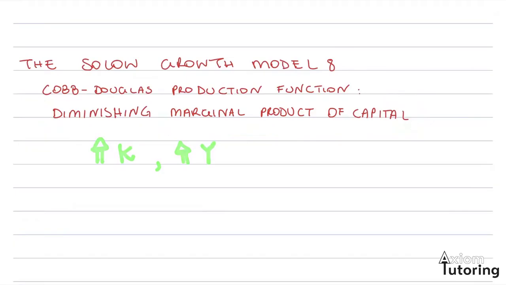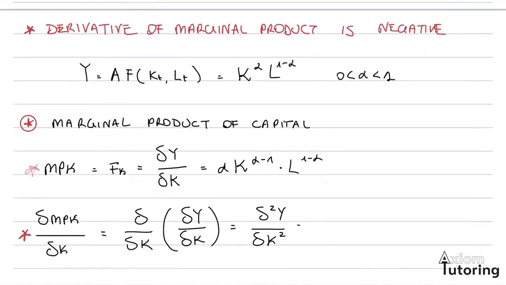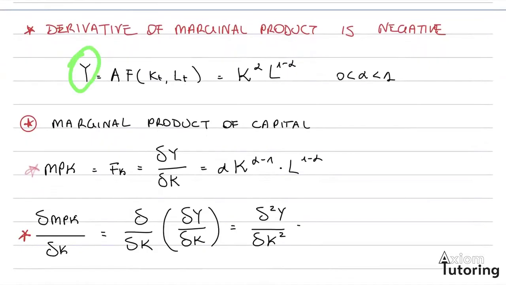Well, it will increase at a diminishing rate, meaning that each extra unit of capital added to the production process will increase output less than the previous unit. Mathematically speaking, it means that we need to derive the second derivative of output with respect to capital and prove that it is negative.